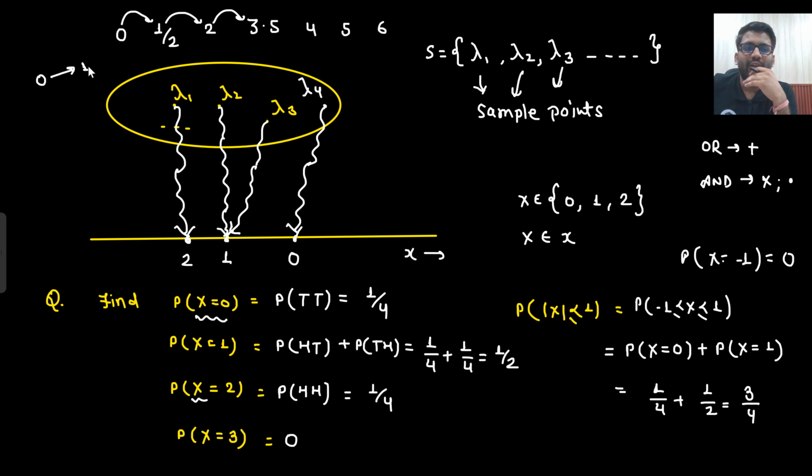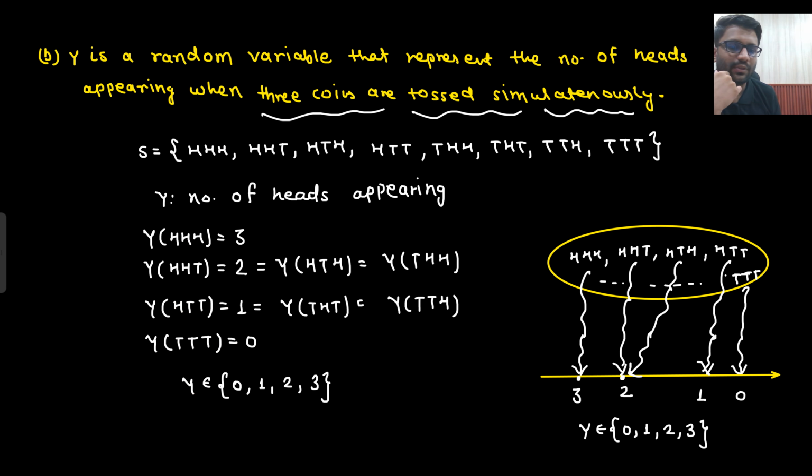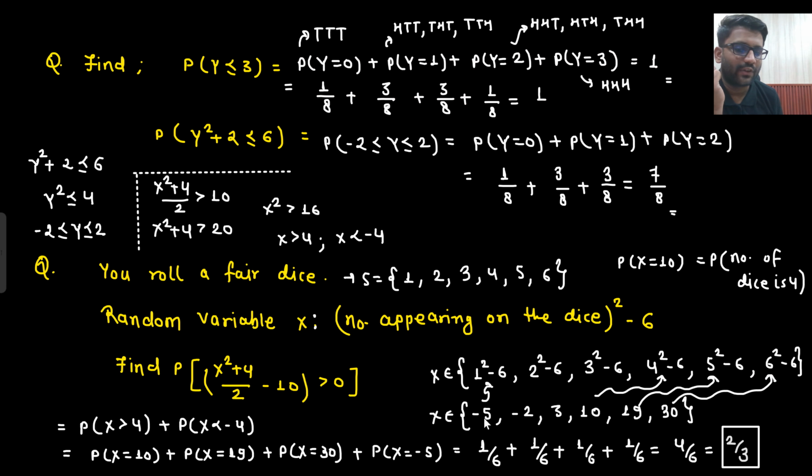Till this point, whatever examples we took were examples of a discrete random variable, because the values were discrete: X equals 0, 1, 2; here 0, 1, 2, 3; and minus 5, minus 2, 3, 10, 19, 30.